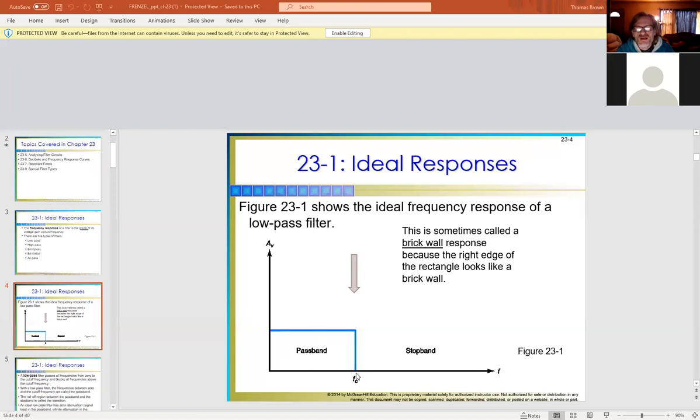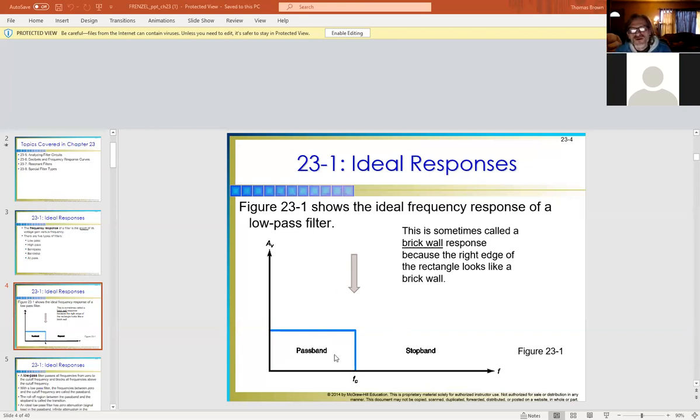With resonance, we had a center frequency based upon our component selection. And we've seen there was a high side and a low side to the frequencies as well, because we don't have a knife edge response. There's always a roll-off, if you will.